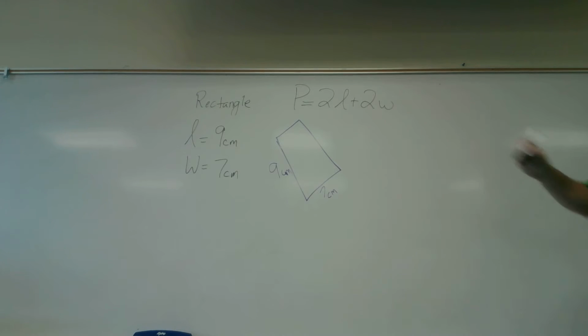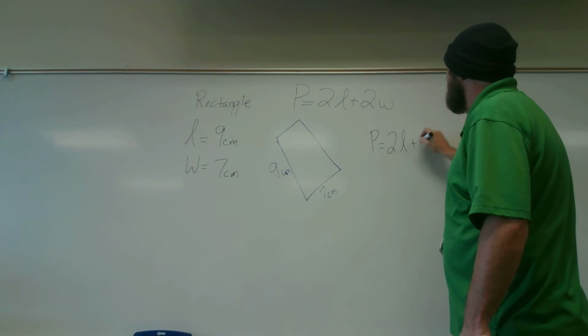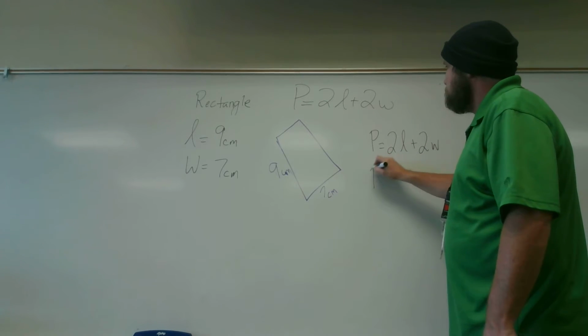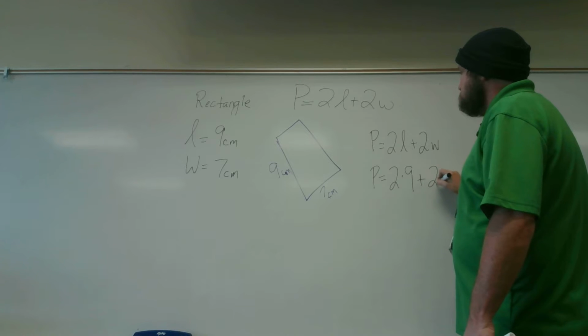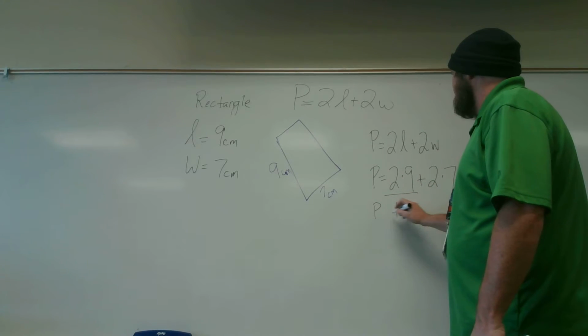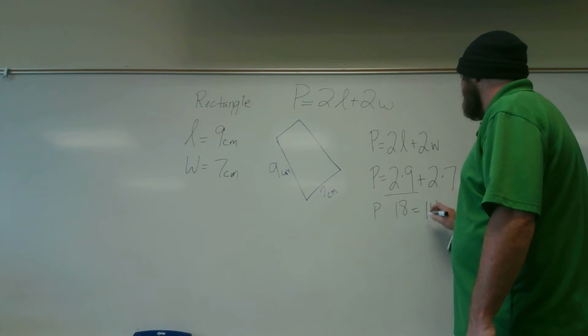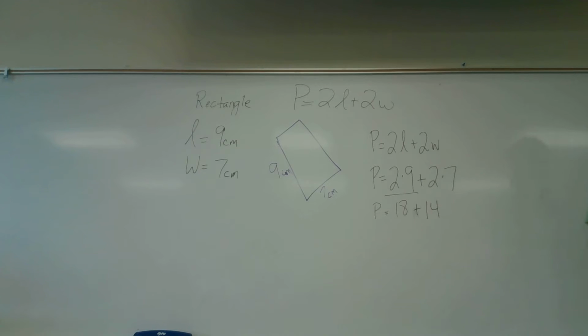I use the formula. Perimeter equals 2 times the length plus 2 times the width. Perimeter equals 2 times 9 plus 2 times 7. 18. Perimeter equals 18 plus 14. And what is 18 plus 14?